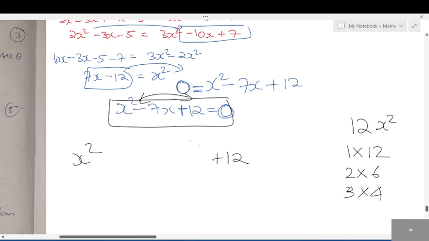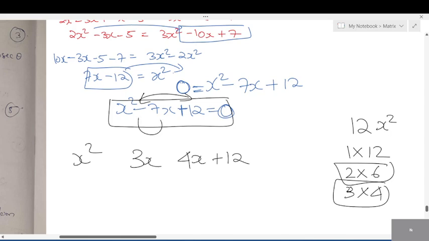Which values will give 7 if you add or subtract? 2 and 6, if you add and subtract, are we getting 7? 3 and 4. So write 3x, 4x.